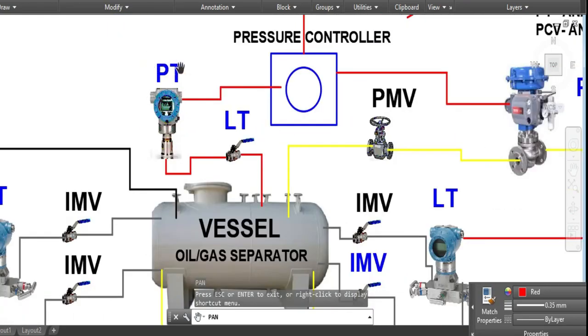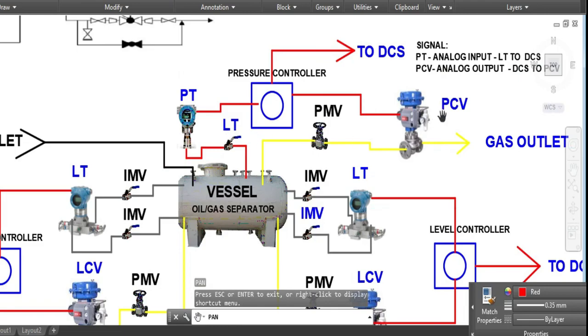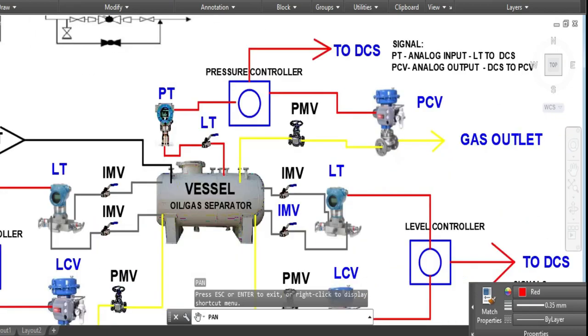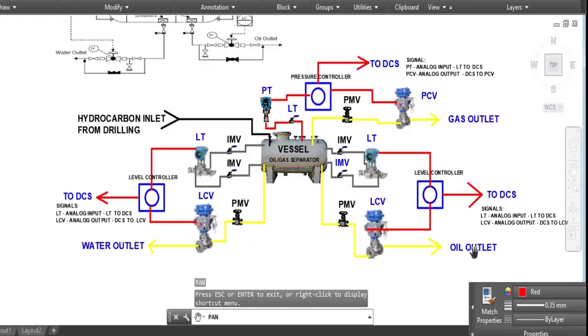This pressure transmitter is monitoring the pressure of this vessel, and then there is also a PCV. This PCV is controlling the pressure of the gas outlet, as well as the liquid oil outlet.